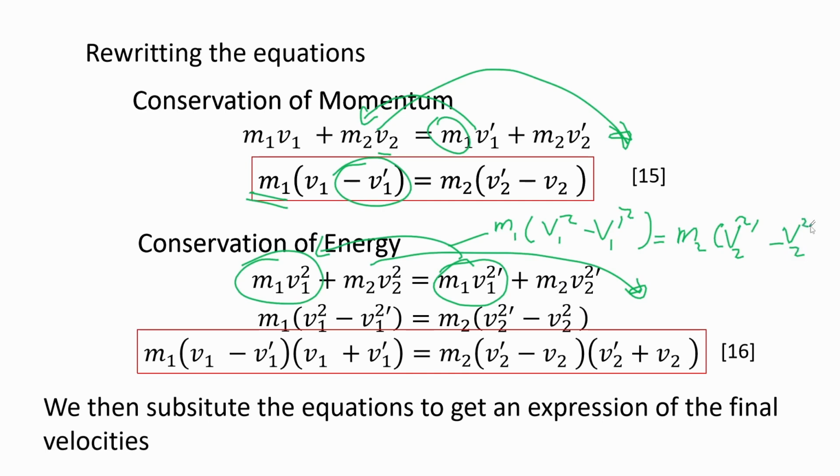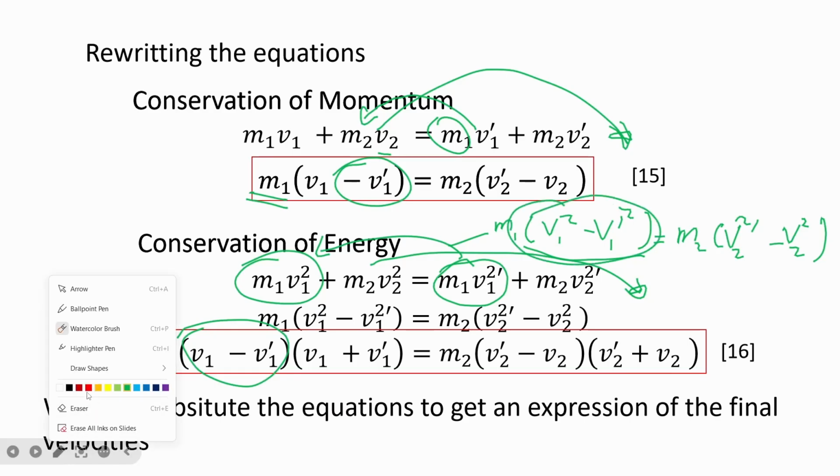Okay, so now if we apply algebra here, this becomes v1 minus v1 prime times v1 plus v1 prime. If you multiply them with each other, you will arrive at this function here.